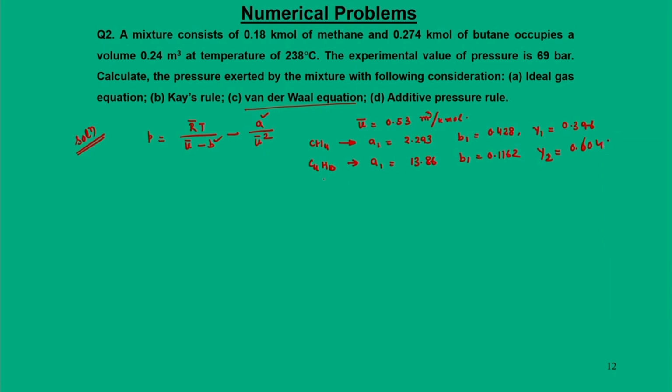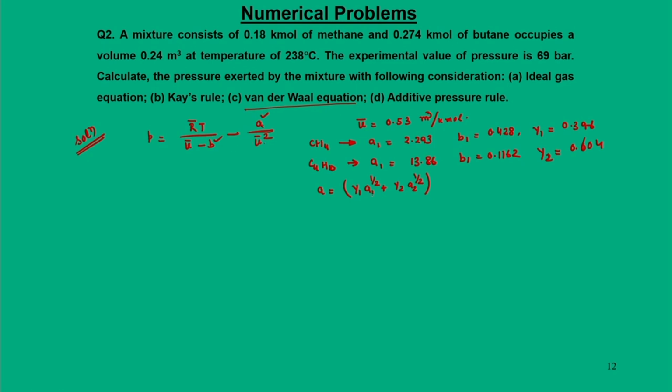Now, having said this, we can find out A is equal to Y1 A1 to the power half plus Y2 A2 to the power half. Why I said half? Because if you look at this equation, the empirical relation shows that A is related with V bar as A by V bar square.